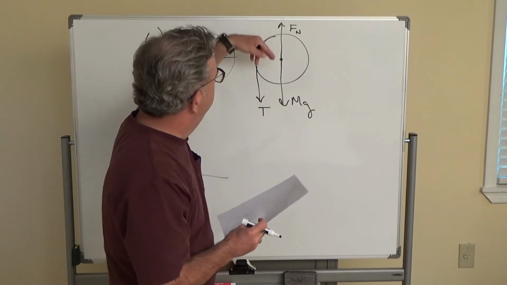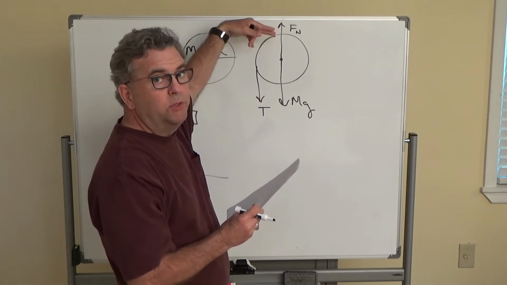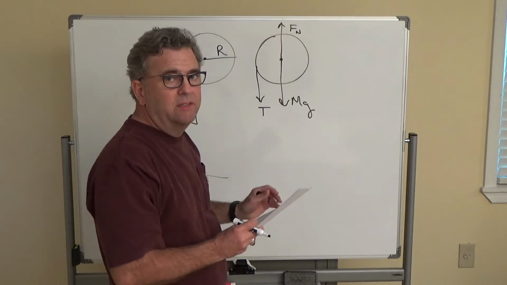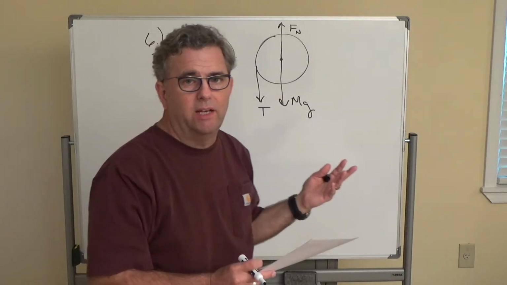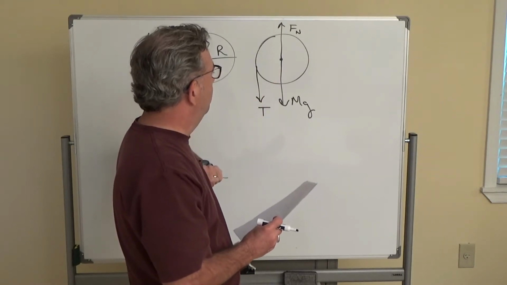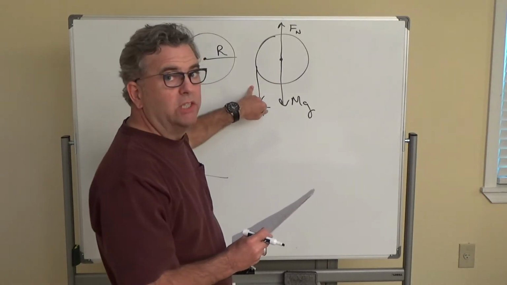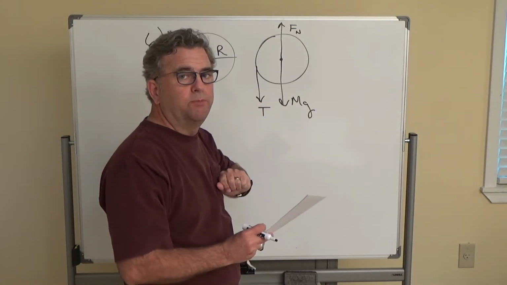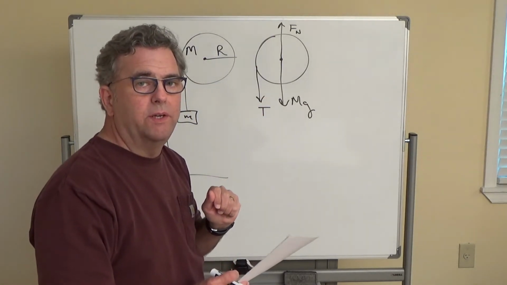You have some sort of support, and Mg. These cancel. They're not providing any torque, so I'm not going to deal with these two forces. But we do have the tension force, and that tension force is providing a torque on the disk.